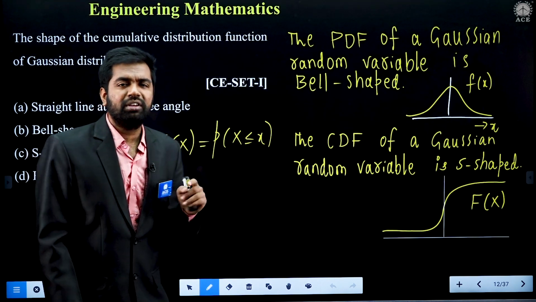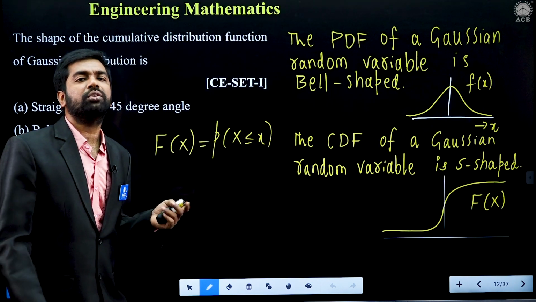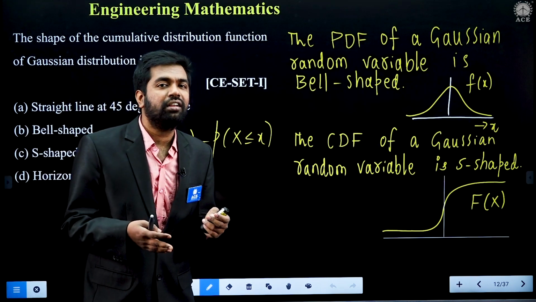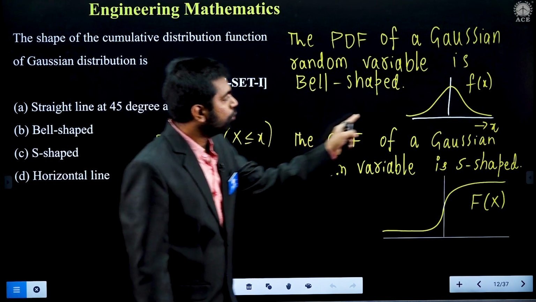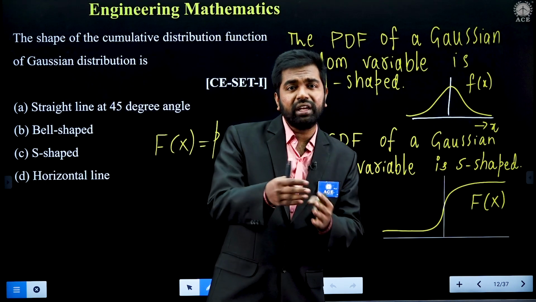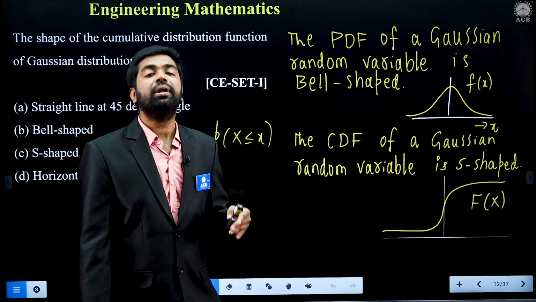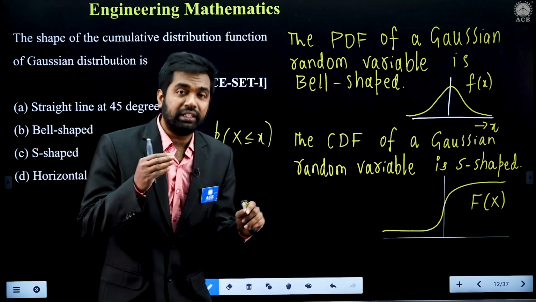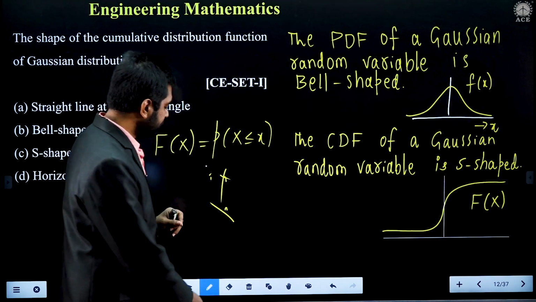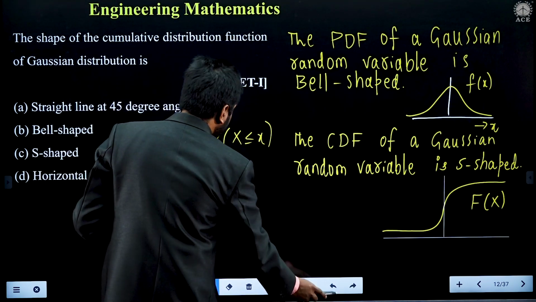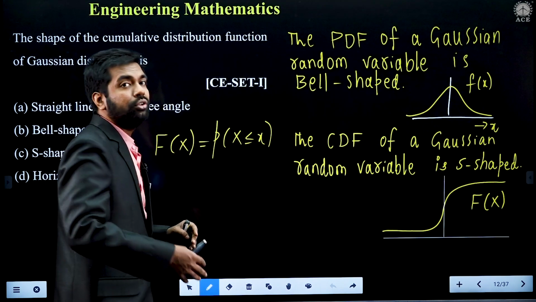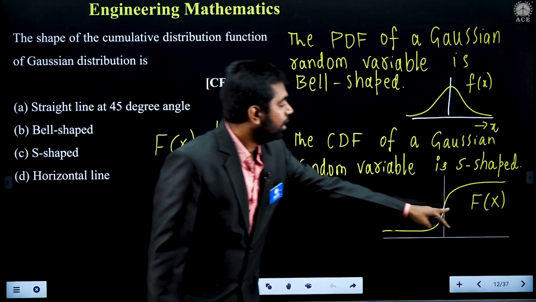For example, if I ask you what is capital F of minus 1, then you are supposed to integrate from minus infinity to minus 1. Whatever area you get, that is your capital F of minus 1. Like that, you have to find each and every value, then you get this capital F of x.